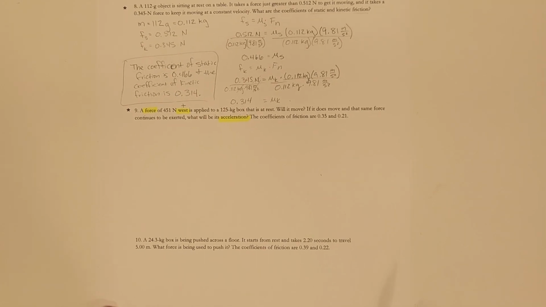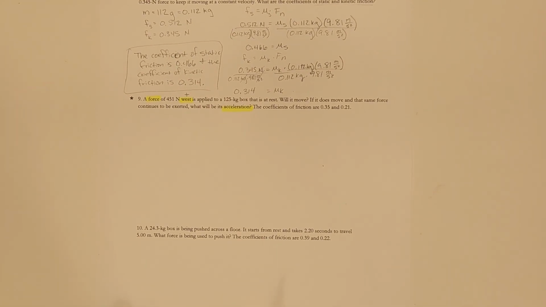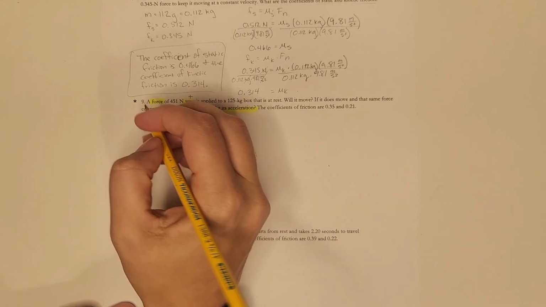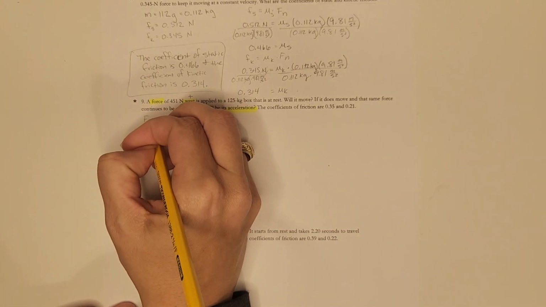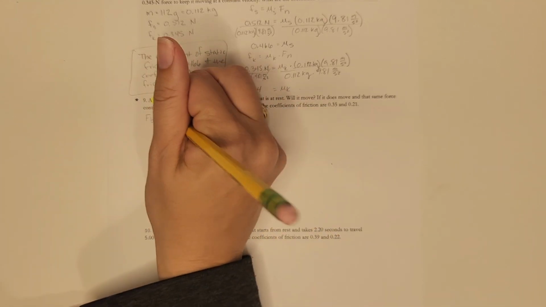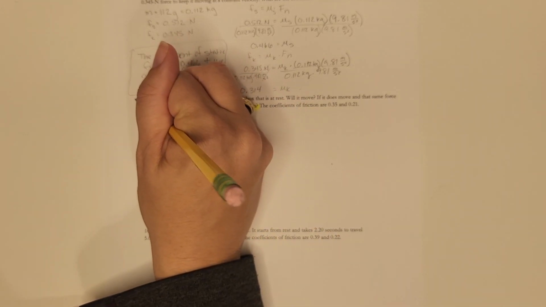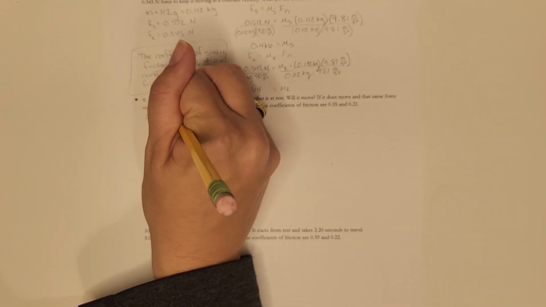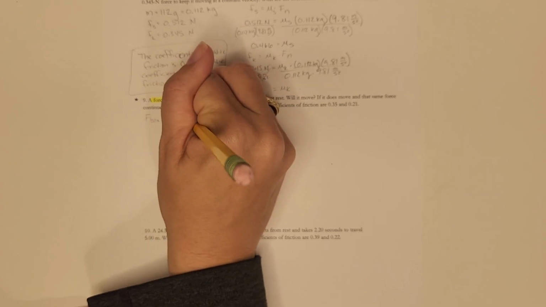So I've highlighted my vector quantities in the equation that are going to help me remember to include direction in my answer and as I'm working the problem. And now let's write what we know. We have a force that is exerted on this box, and that is 451 newtons.